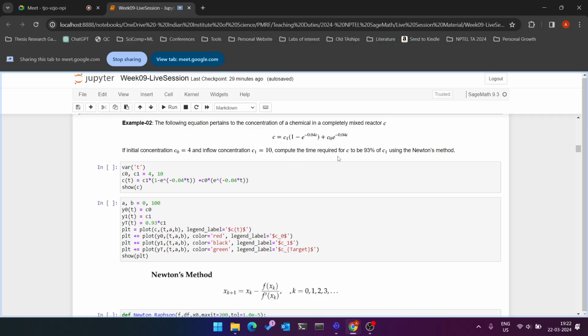So a roundabout way of saying this is concentration varies as a function of time.